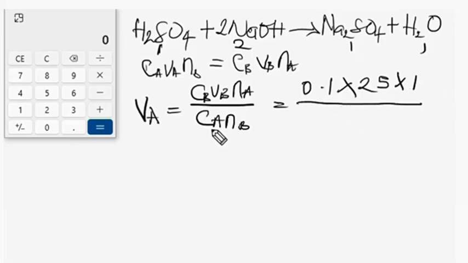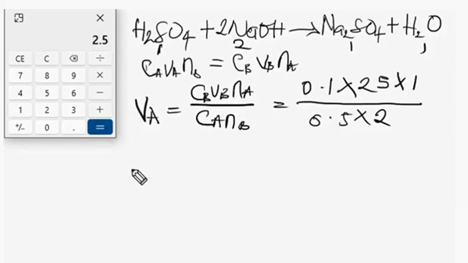Whereas the concentration of acid is 0.5 moles per dm cube, and then number of moles of base is 2. So guys, we'll go ahead and calculate this. 0.1 times 25 times 1, that's 2.5.